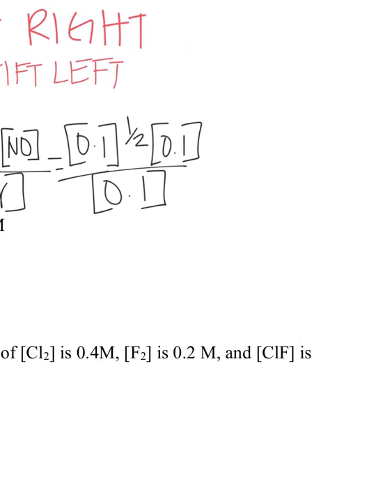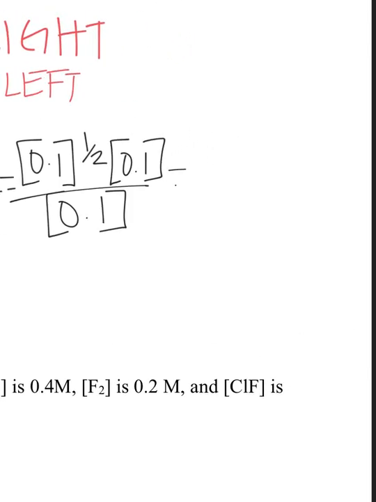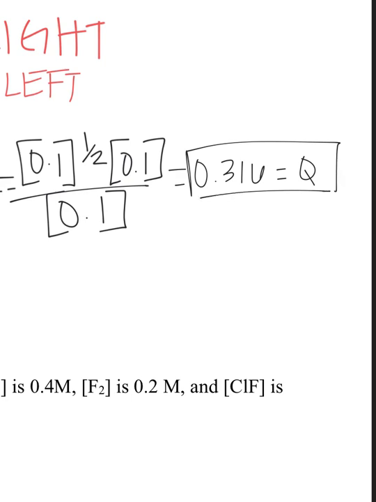Okay, so Q is 0.316. Okay, and I can figure out what's going to happen just by comparing it to that original K that I had. Remember, I can tell which way the reaction is going to shift because I figured out Q for the initial concentration, and I can figure out which way Q is going to go to be like K. So here I've got Q is greater than K, because I've got 0.3 versus 0.079.